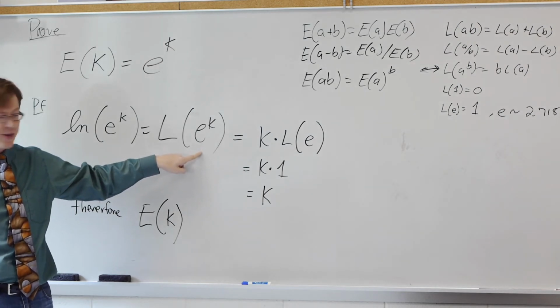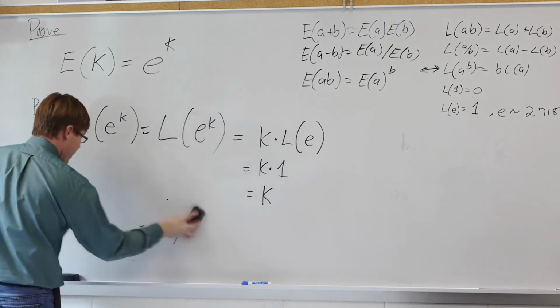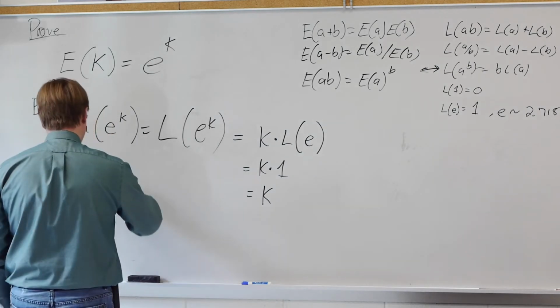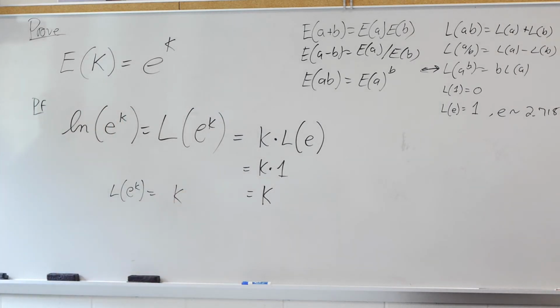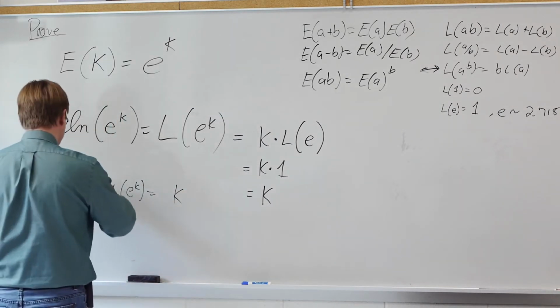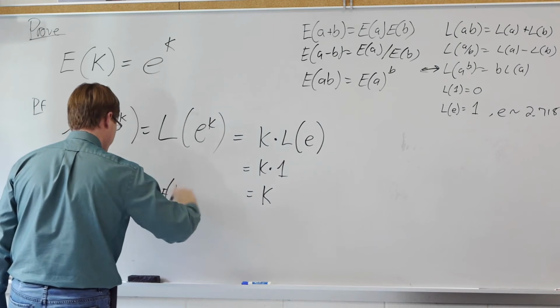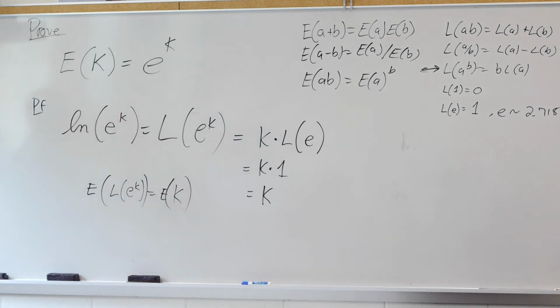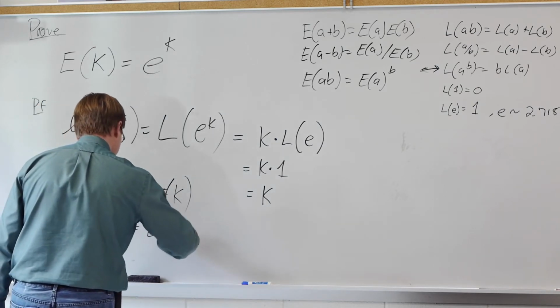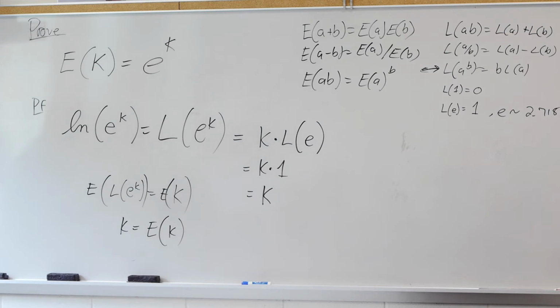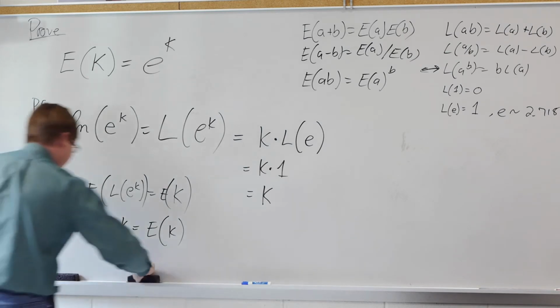I'm not sure if everybody's following that. Let's do it this way. L of e to the k is k. Everybody's happy with that, right? Let's apply capital E to both sides. E of k equals e to the k.